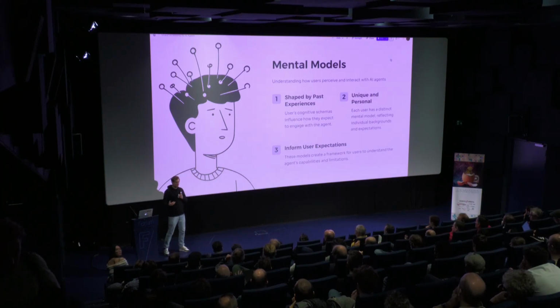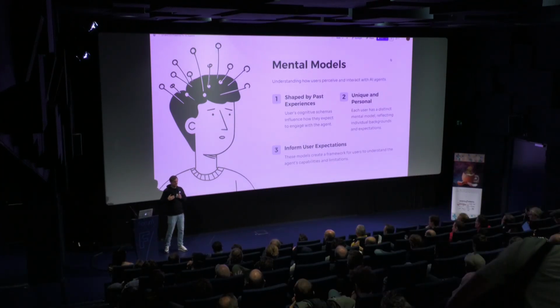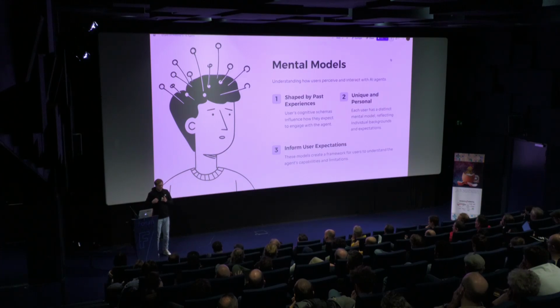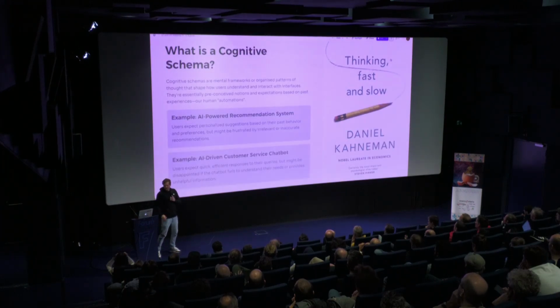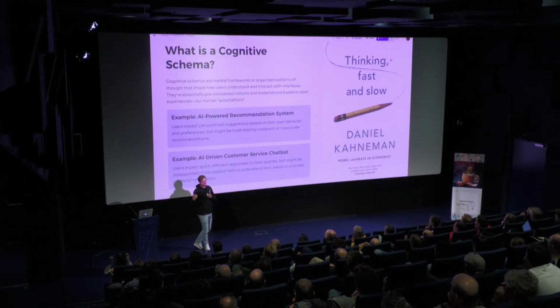But given all the sea change that we've seen in the last couple of years, I thought it would be interesting to do a revision of this, and bucket things in mental models. Mental models, the way I look at them, are a collection of different cognitive schemas.